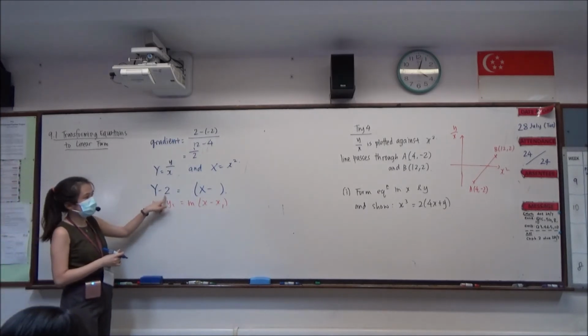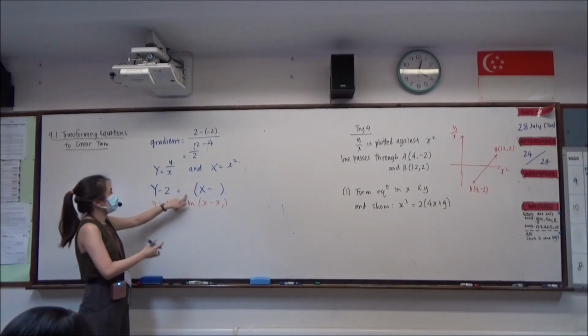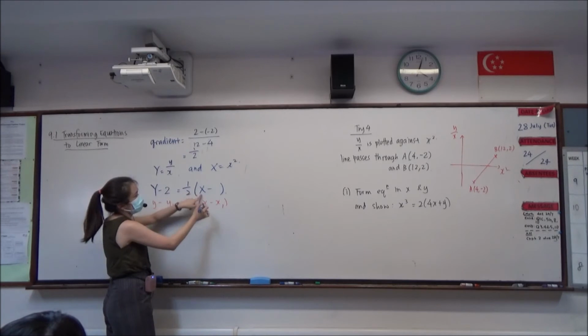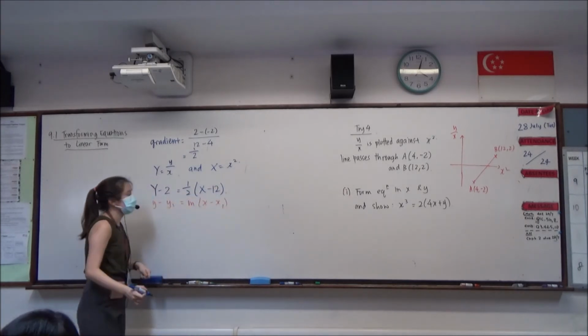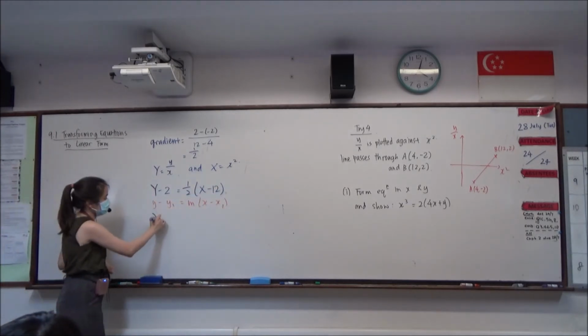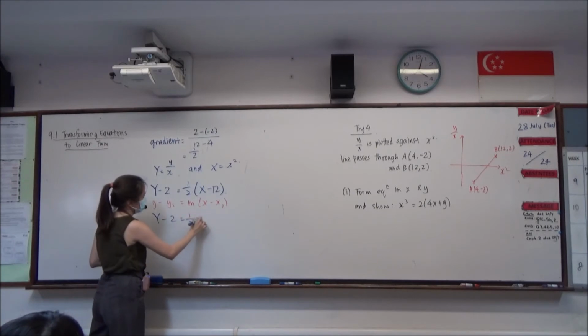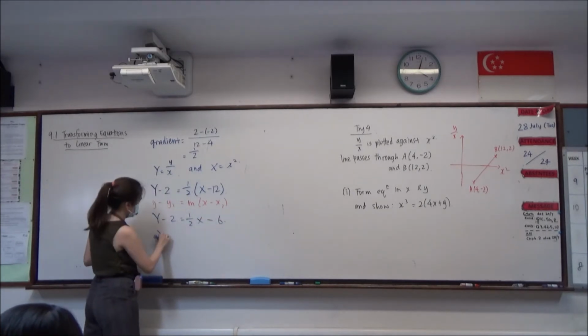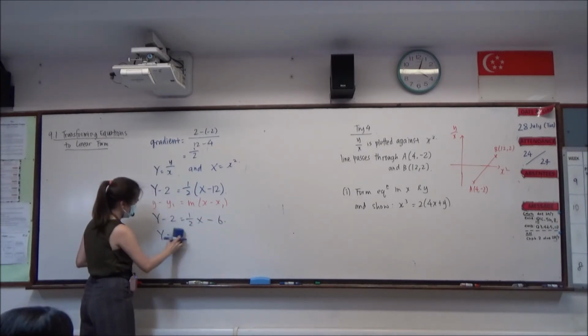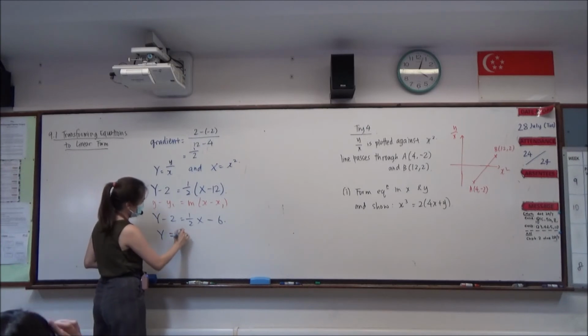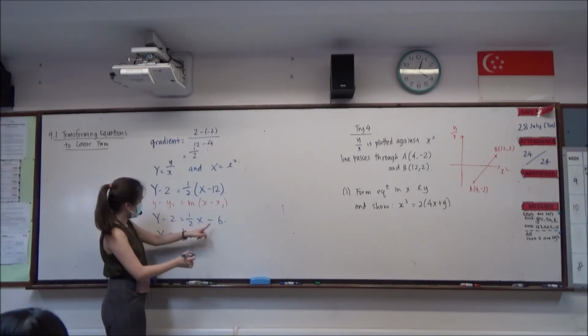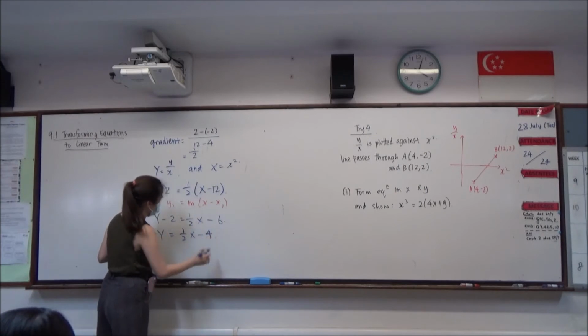So Y minus the Y coordinate of B, and then the gradient half times X minus 12. Simplify. So big Y equals half X minus 6 plus 2, minus 4.